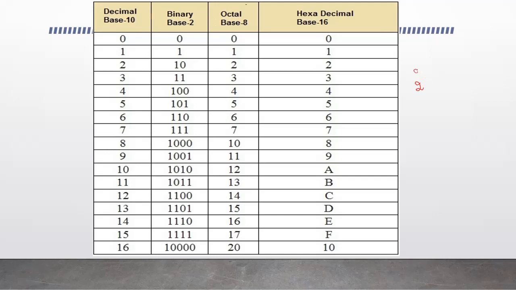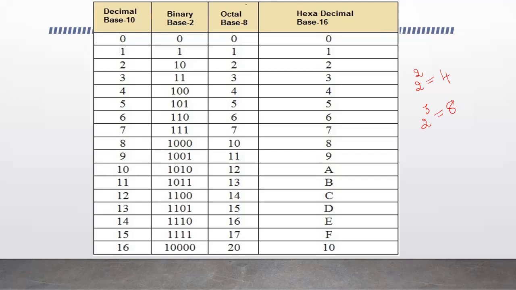2 power 2: if we have 2 binary bits, that can be used to represent 4 different symbols or characters. If we have 3 bits, 2 power 3, these 3 bits are used to represent 8 values, 0 to 7. That is why octal numbers are represented using 3 binary bits, since 2 power 3 is 8 different combinations.